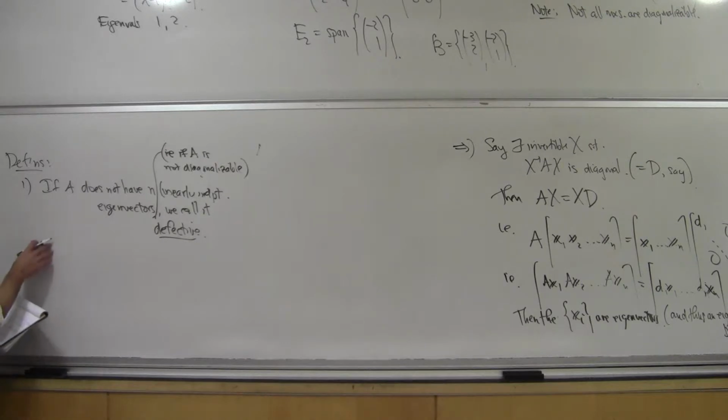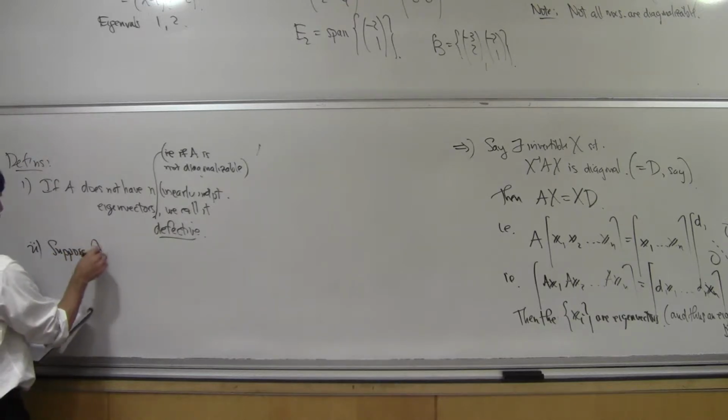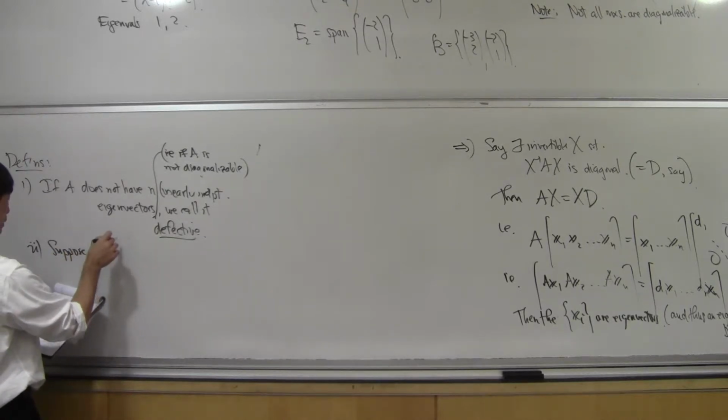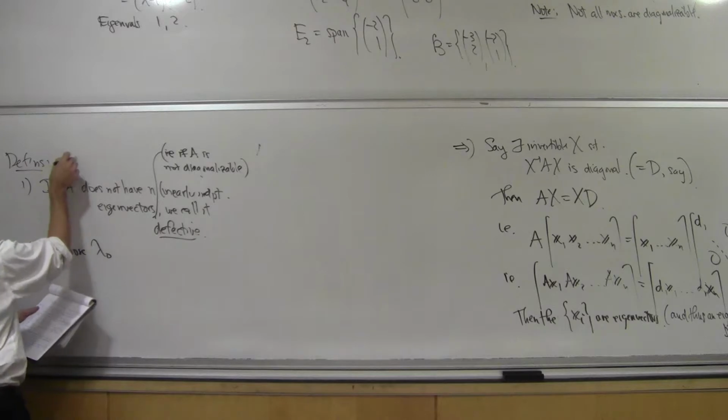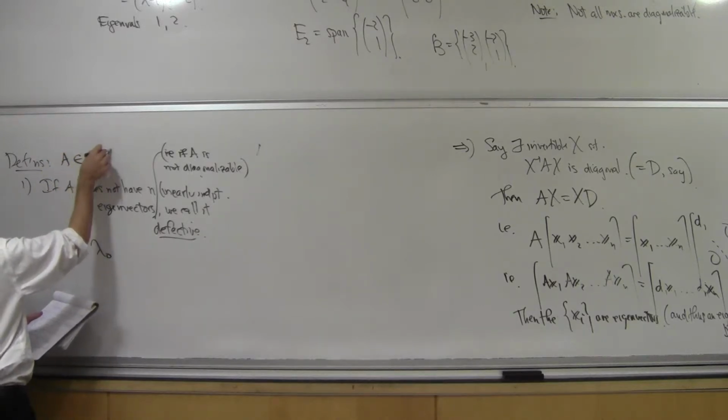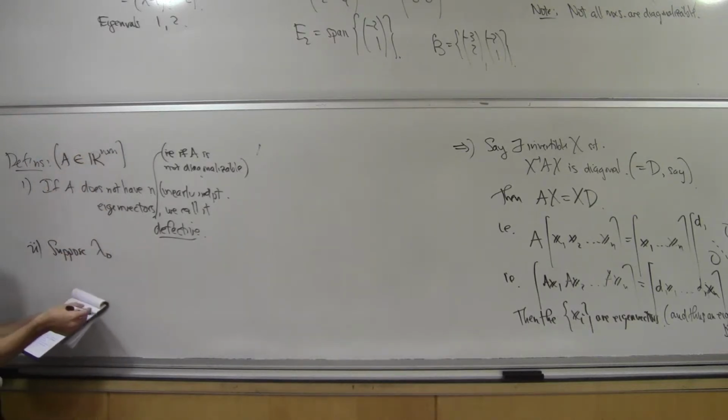Okay. There are a couple of other definitions. Suppose lambda naught is an eigenvalue of A. Again, I always forget that this is in my matrix, just remember it.